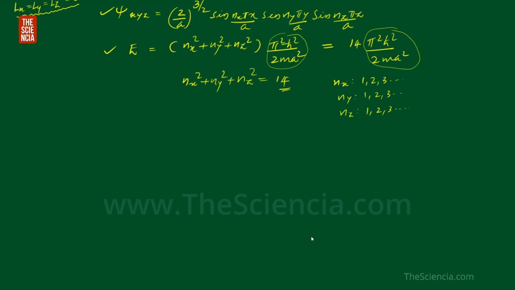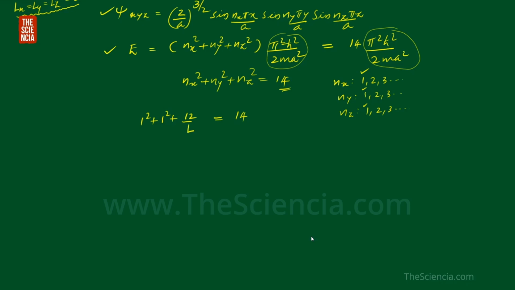Let us consider nx as 1, so that is 1 square, plus ny also I am considering as 1, that is 1 square, plus nz square will be equal to 14. So here this 1, 1, the remaining is 12, right?